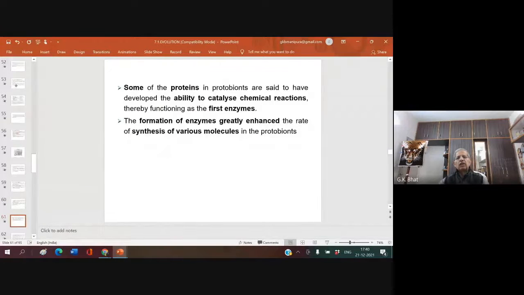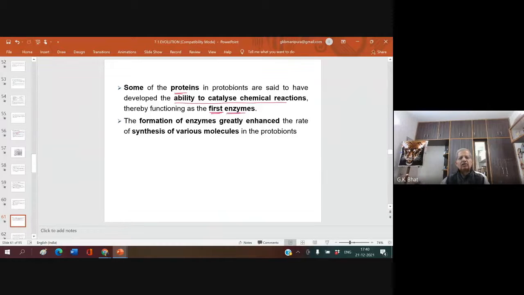Some of the proteins in the protobionts are said to have developed the ability to catalyze chemical reactions. That means they gave rise to enzymes. So now we have seen that coacervates developed a water layer outside. Outer to that, they had a fatty covering. Then they showed growth. They also showed multiplication.